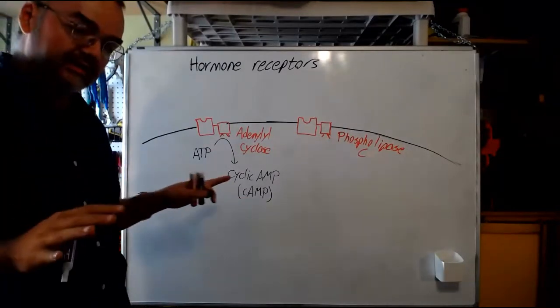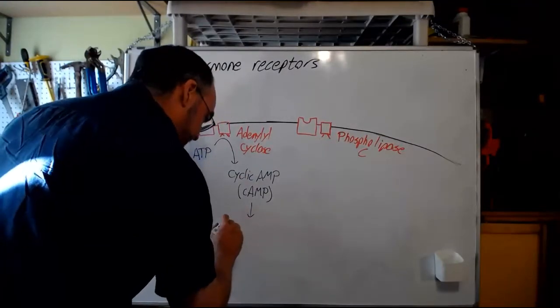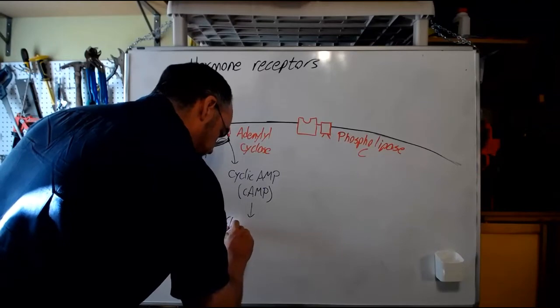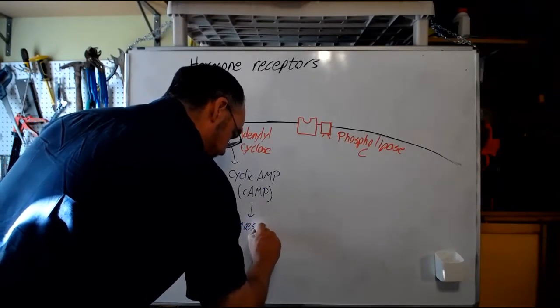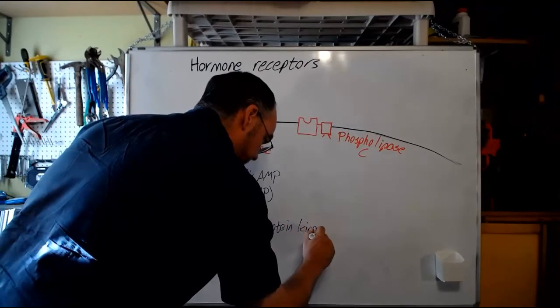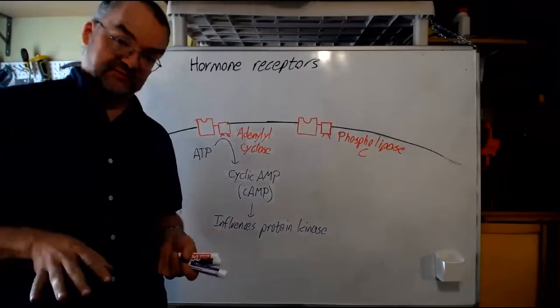And one of the ways that it often works is by affecting protein kinases. So protein kinases are enzymes which add phosphates to proteins.